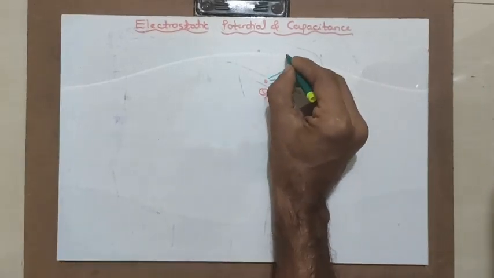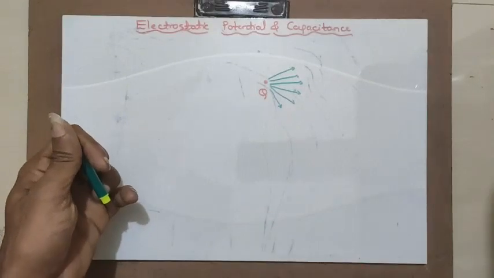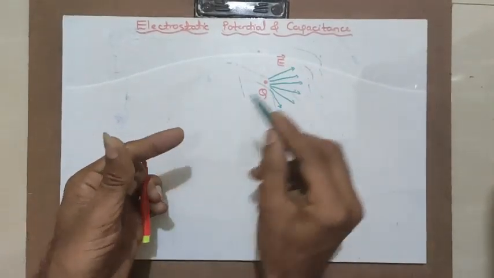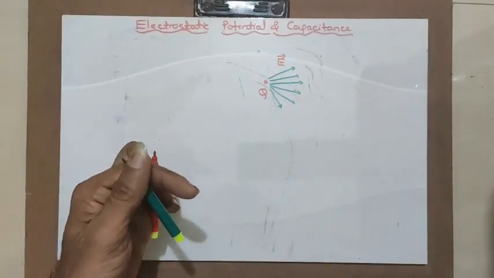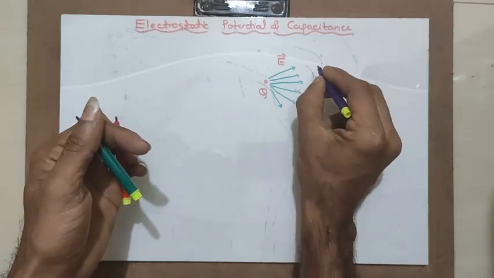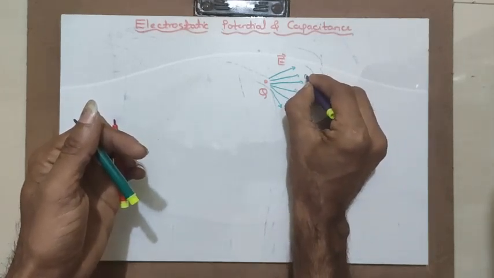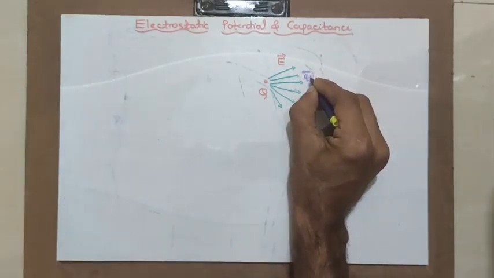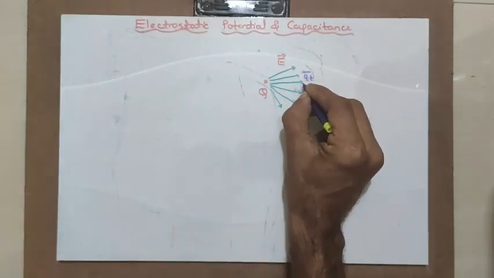When an electrostatic field is set here, how do we understand that there is an electrostatic field? You can bring a test charge from outside, and when it comes in the vicinity of this charge, it experiences a force. What kind of force?